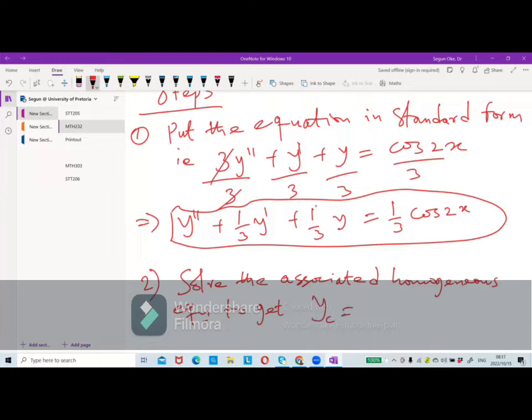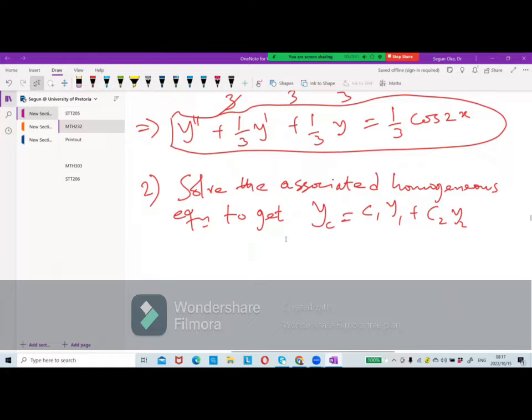You remember y complementary from the last class? C1 y1 plus C2 y2. Do you still remember this? Yes, sir. Okay.